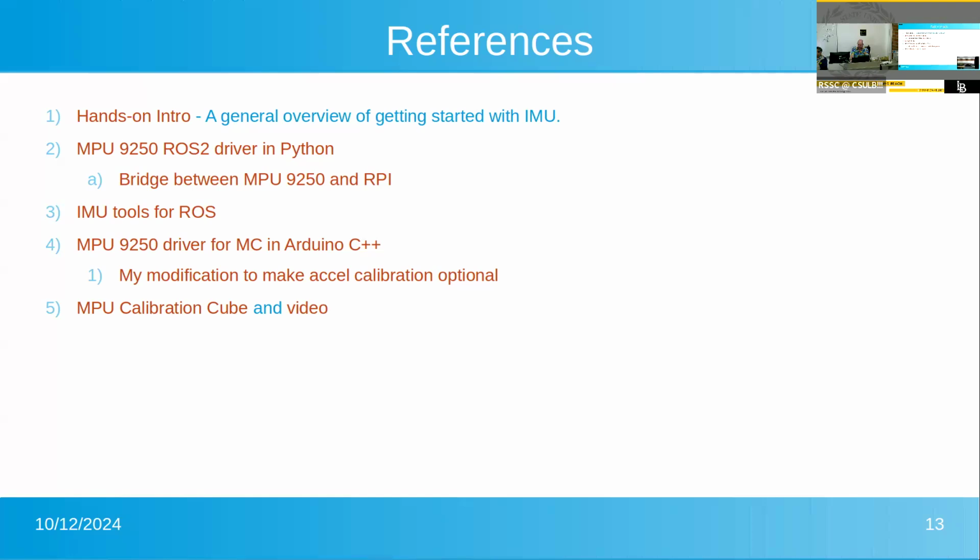But I used RViz and saw where the front of the robot was pointing, and it was off by 90. So I just rotated this. In my last iteration I had it the other way, because I wanted the Y direction of the accelerometer to be what ROS expects.